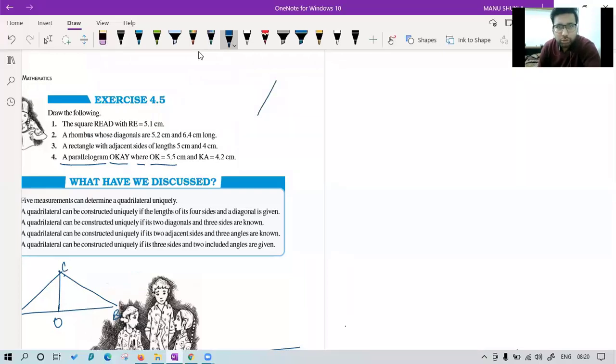So we have a parallelogram now. Let me draw a rough parallelogram, something like this. OKAY. So OK is 5.5 centimeter and KA is 4.2 centimeter.